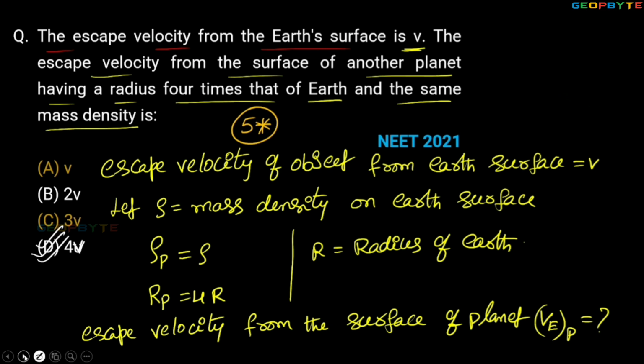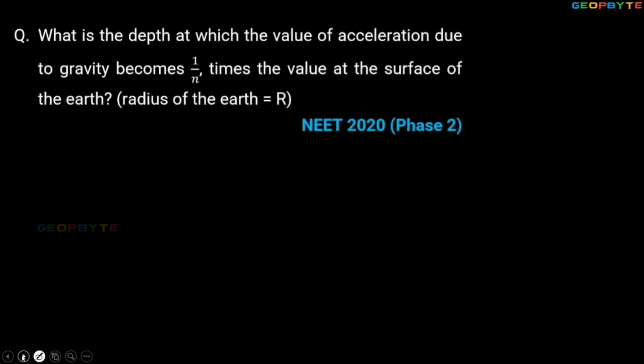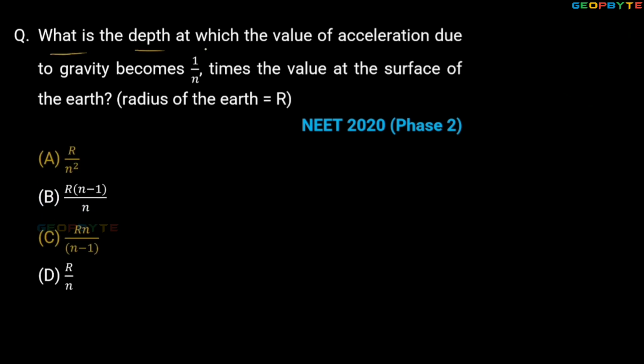Okay. Similarly, let's take another important problem asking like this. What is the depth at which the value of acceleration due to gravity becomes 1 by n times the value at the surface of the Earth? That means at what depth the acceleration due to gravity g dash is 1 by n times the g. That is the question.